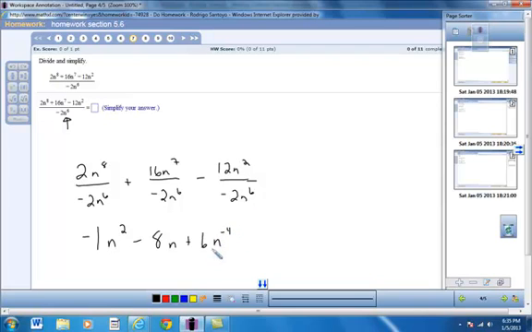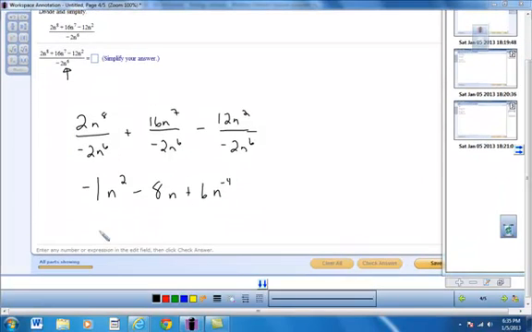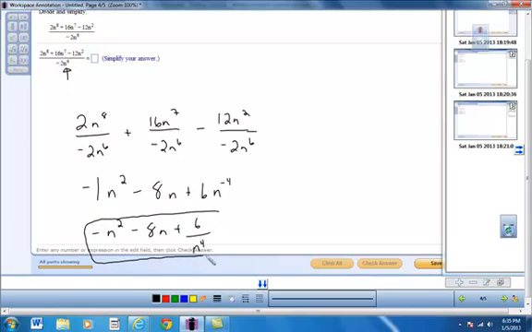But we have a negative exponent, so we can make that a positive exponent. We already learned that. So I'm going to just ignore this negative 1 now. Just make it negative n squared minus 8n plus 6 over n to the 4th. Remember, anytime you have a negative exponent, you make it positive by putting it in the opposite. That's like it's over 1 in the numerator, so we're going to put it in the denominator there.